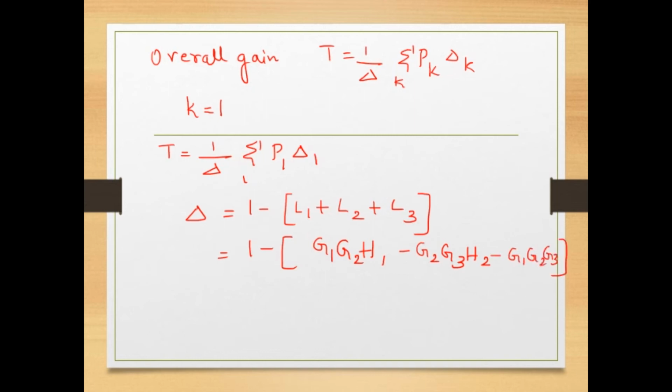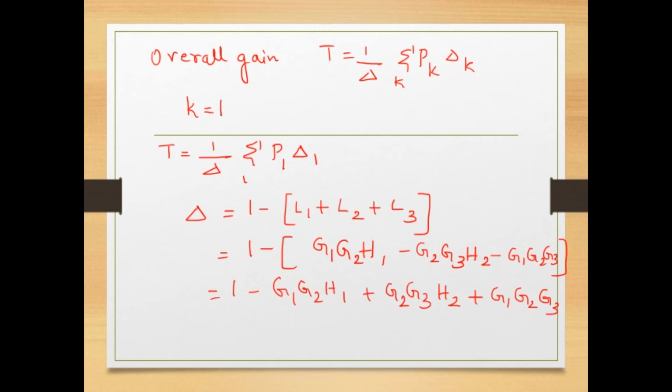So this is our delta. We can further write it as 1 minus G1, G2, H1 plus G2, G3, H2 plus G1, G2, G3. So this is how we can write the delta. Next, delta 1.